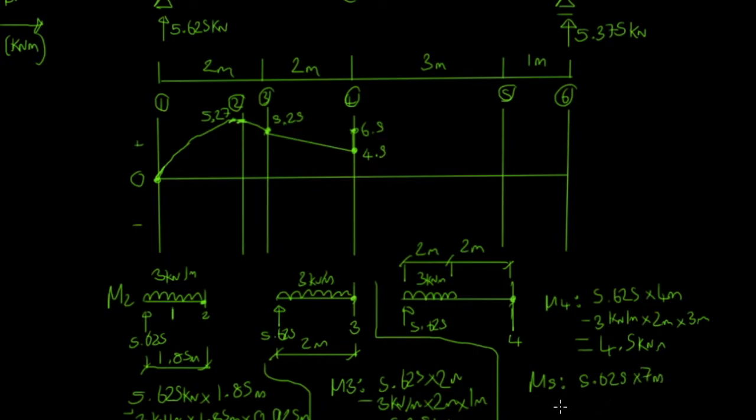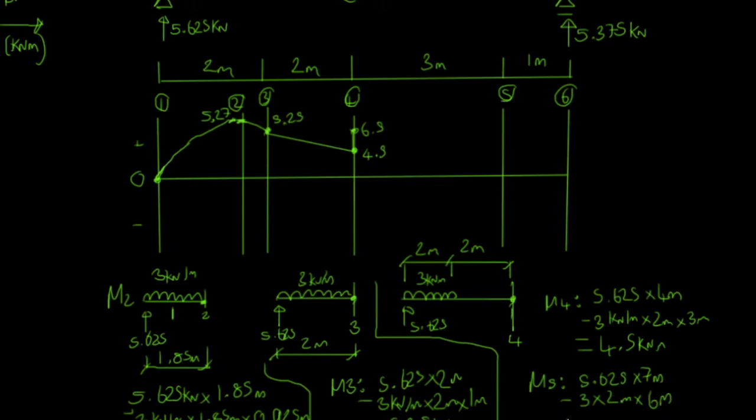And then we've got our negative moment from our 3 kilonewton meter line load. So that's 3 kilonewtons, and it's acting over a total of 2 meters. And that's lever arm is 3 meters plus 2 meters, 5 meters plus 1 meter, 6 meters.